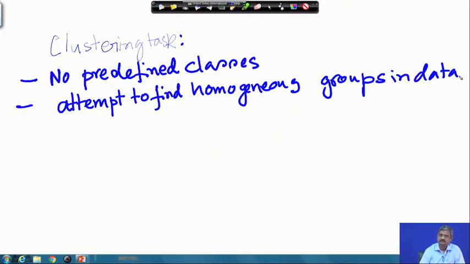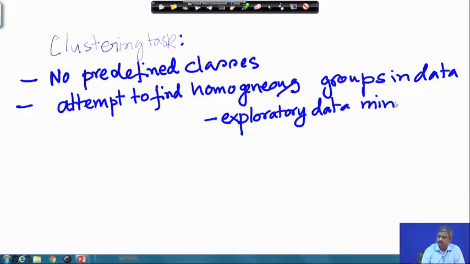You just try to find the homogeneous groups in the data. That is why it is called exploratory data mining.